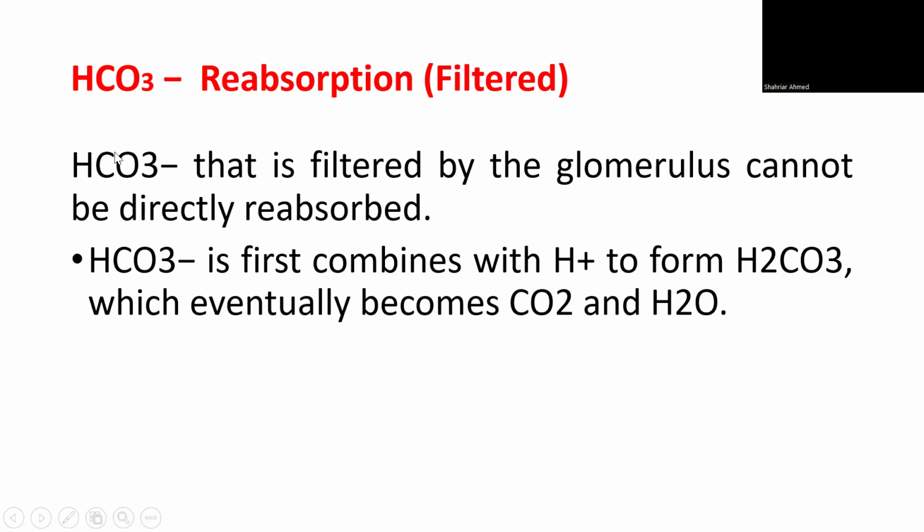This bicarbonate ion is not capable of passing through the luminal membrane, because it is water soluble, and the luminal membrane, that is the cell membrane, is water insoluble. So this bicarbonate ion must be transformed into carbon dioxide, and this carbon dioxide will pass through the luminal membrane into the cell.